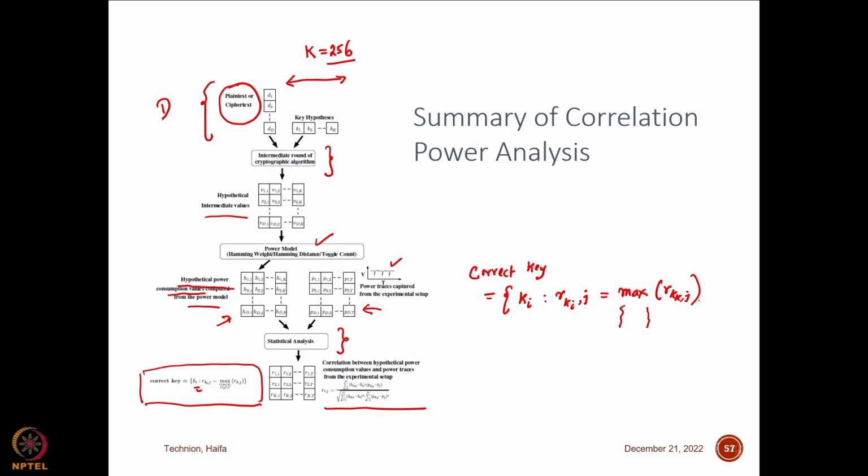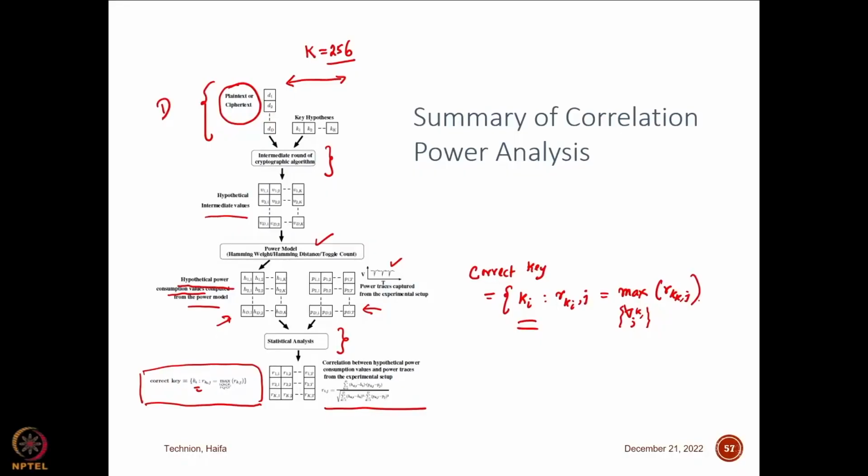Okay, for all k comma j. So you find out that key which corresponds to the maximum correlation, and you return that as the candidate key. Now this is a statistical attack, which means it may fail as well. But if you increase the number of observations, you will have more confidence in your claim.